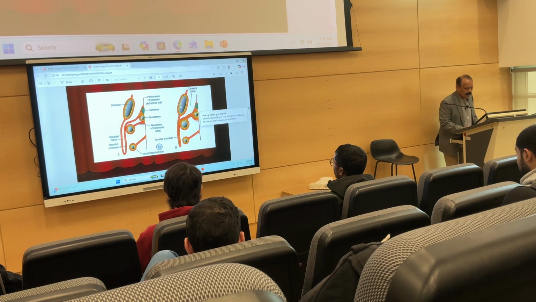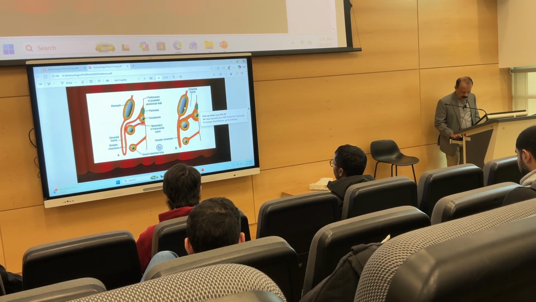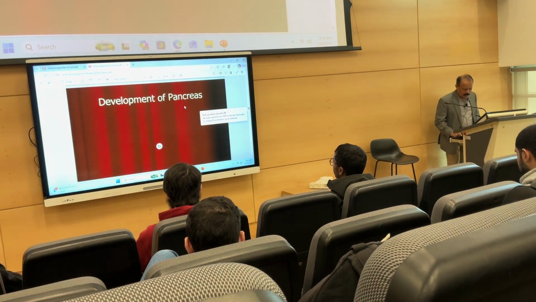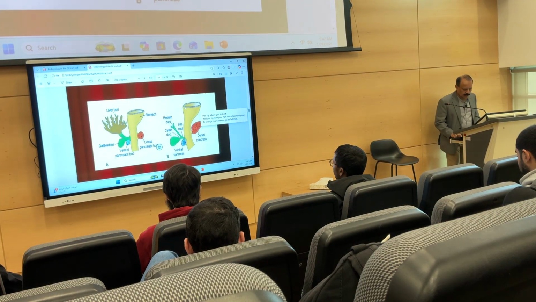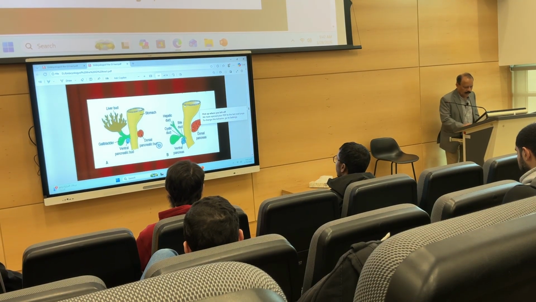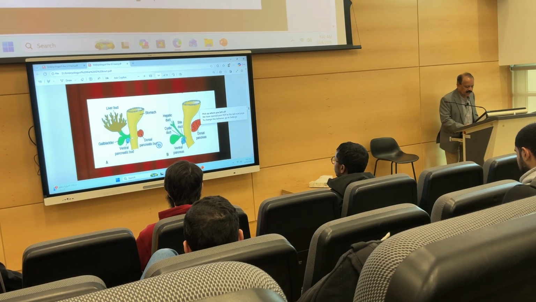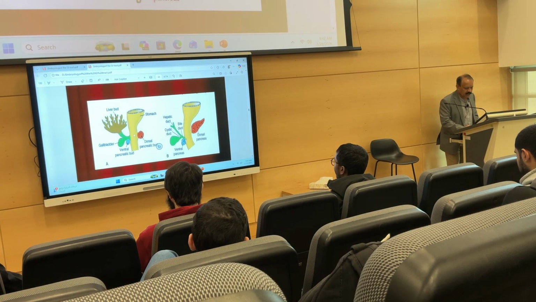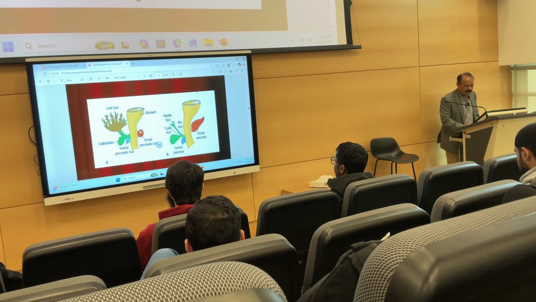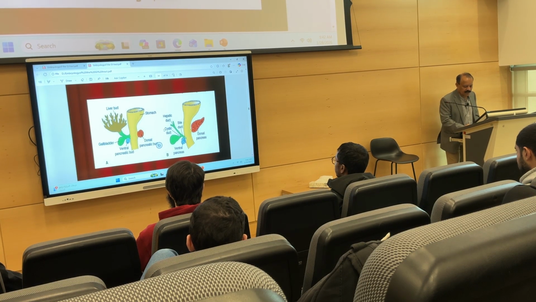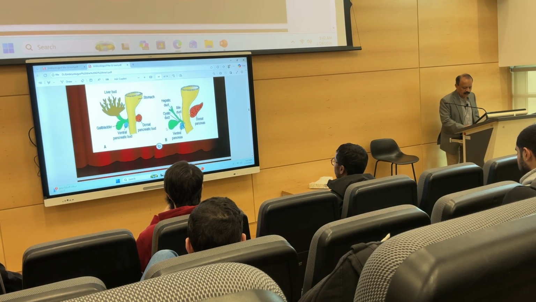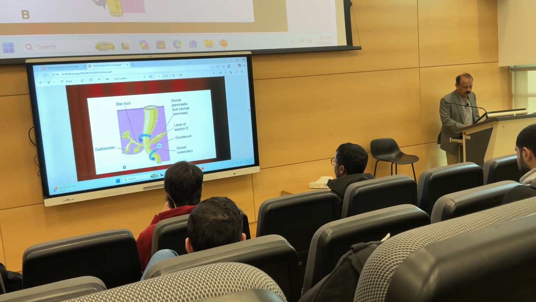Yeah. Let's go to the development of the pancreas. Now I'll show you different photographs. Normally the ventral pancreatic bud will, because of rotation, stick to the dorsal pancreatic bud. You can see that it is moving.